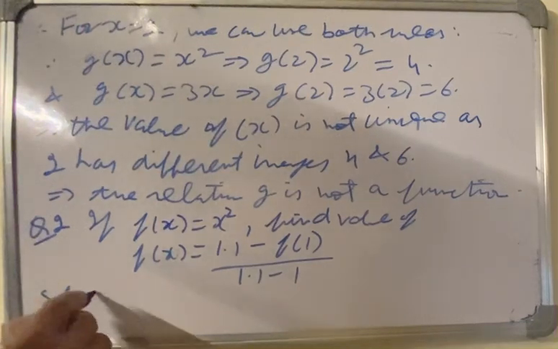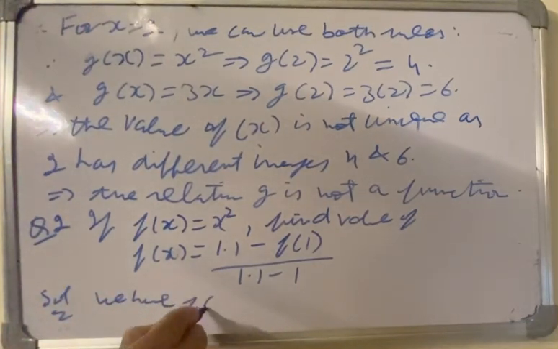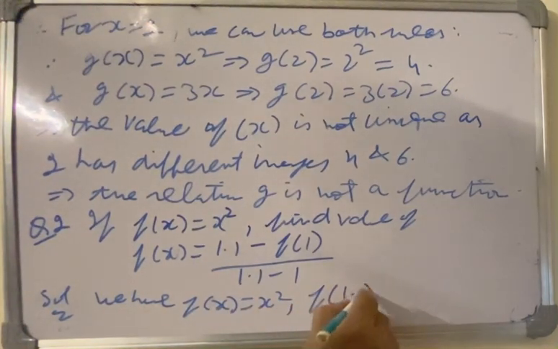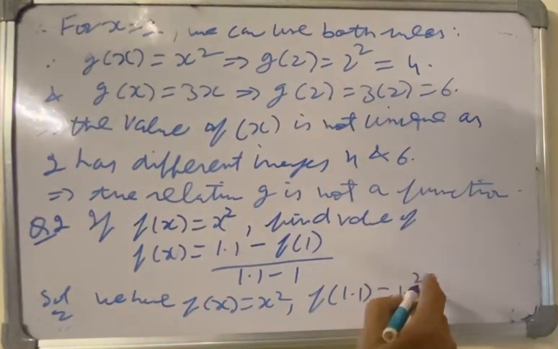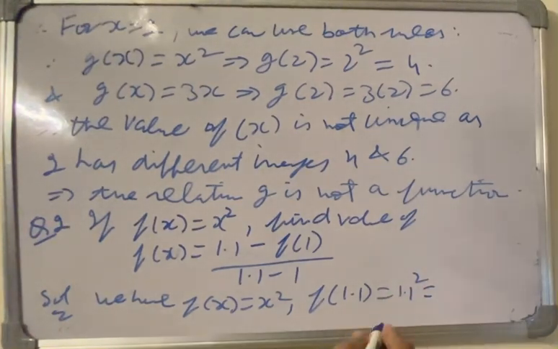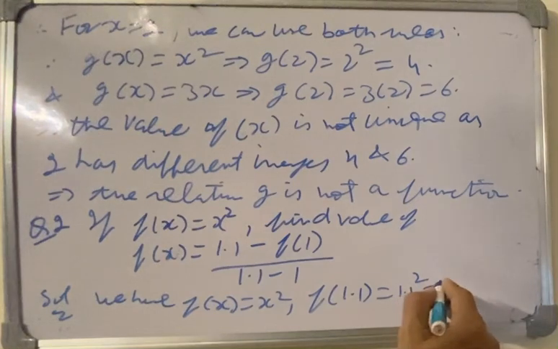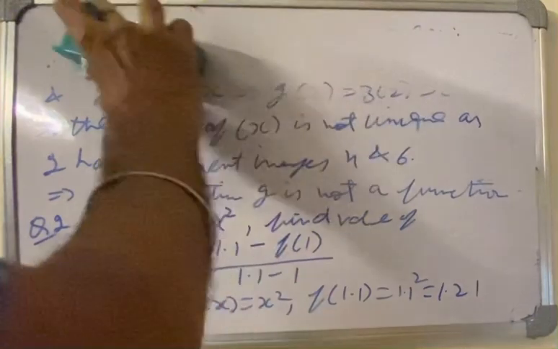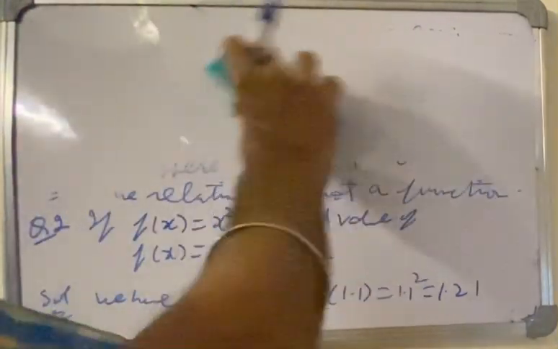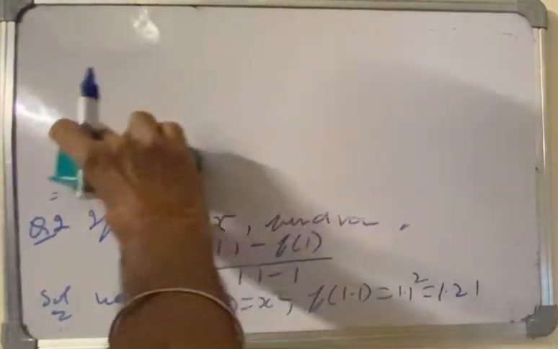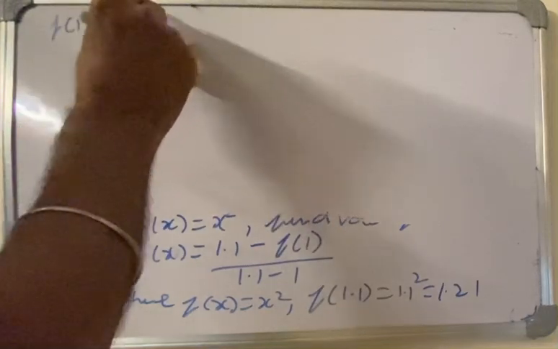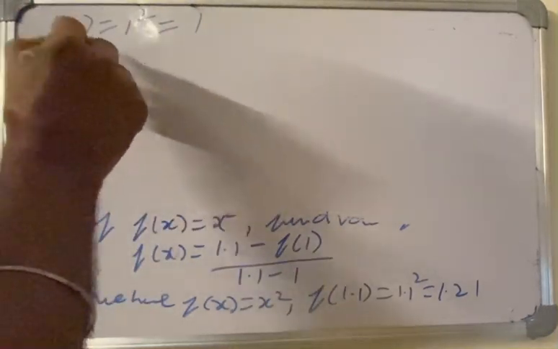Solution: we have f(x) is equal to x squared, f(1.1) is 1.1 squared, therefore it will be 1.21. And then we find the value of f(1). f(1) is 1 squared, that is 1. So we put values in this.